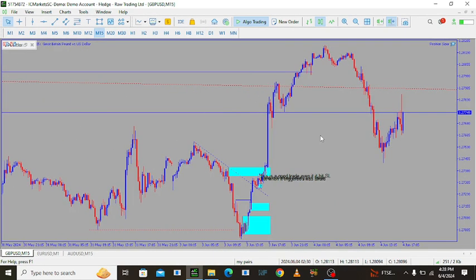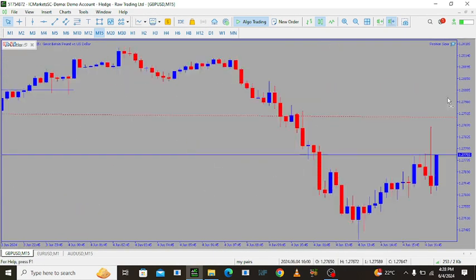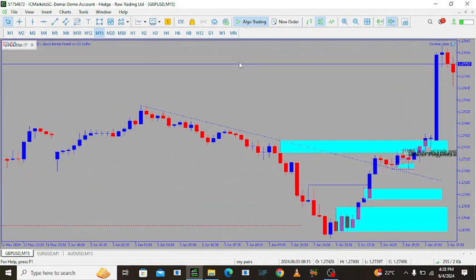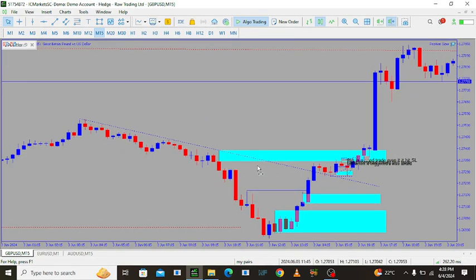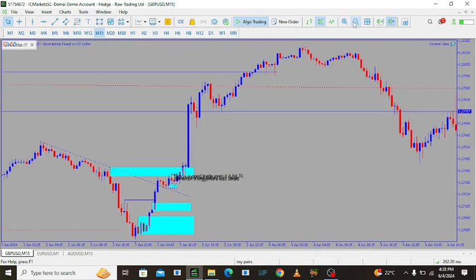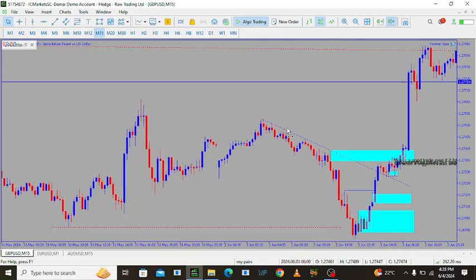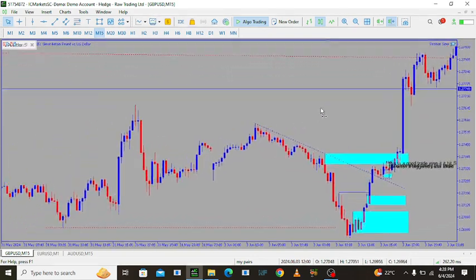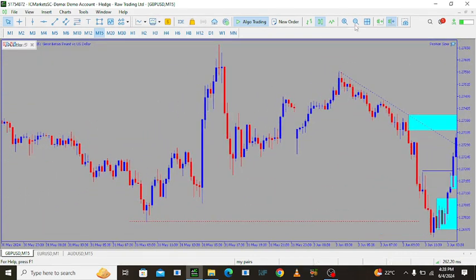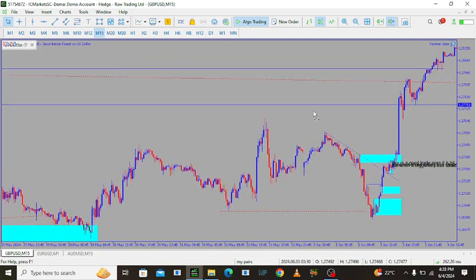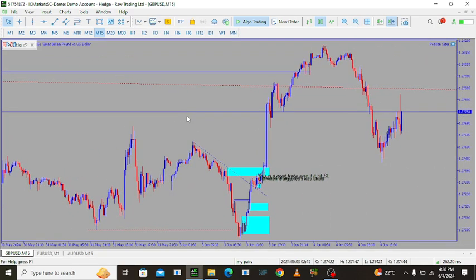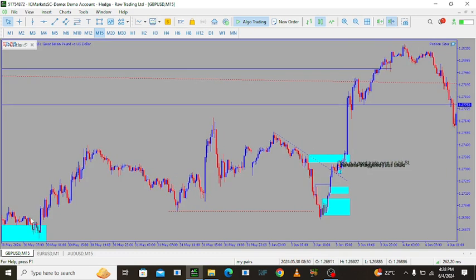I was hoping for, based on this order block, you see, based on this, high, low, high, and you had this sweep.